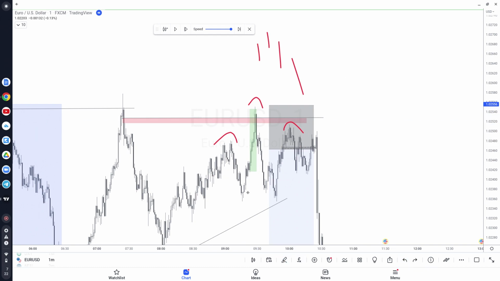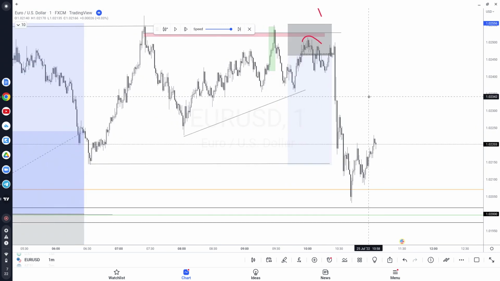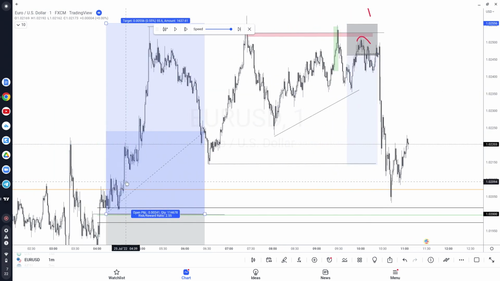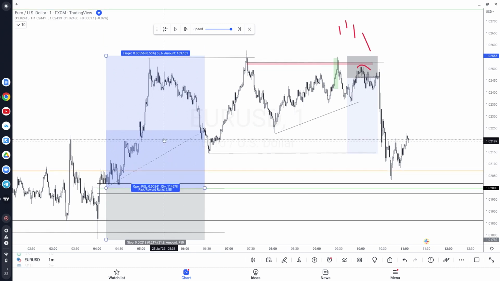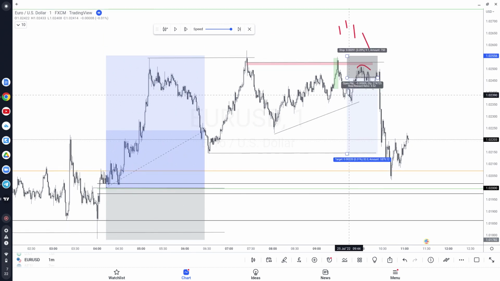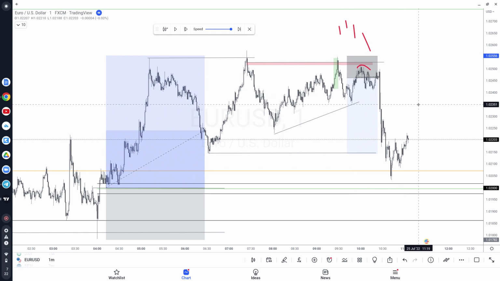So that is one way that we apply a narrative and context behind a trading idea. But anyways, for this particular day, here is a nice 1 to 2, and then here is a 1 to 3 trading scenario.